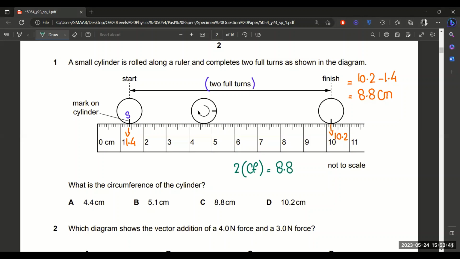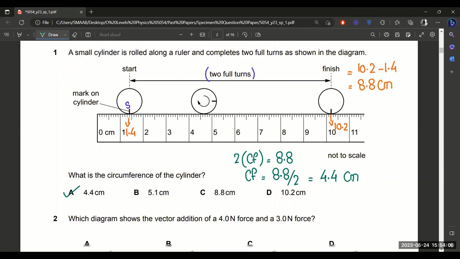Now we divide this by 2, because we need to calculate the circumference of a circle. We know that there are two rotations, so the distance covered by the cylinder is two circumferences, so we need to divide it by 2. So we will get the length of one circumference, which will be equal to 4.4 centimeters. So that is answer A. That is the first question, a very simple one, I think.